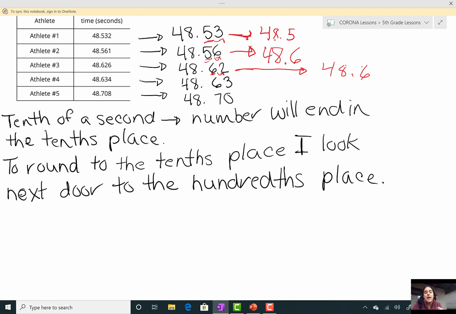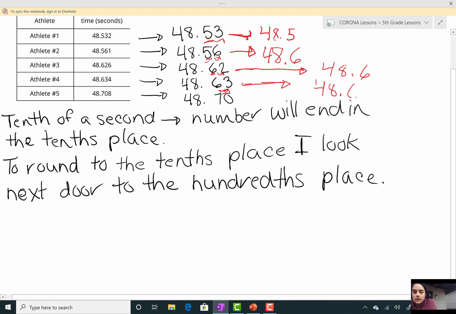Their time is 48 and 63/100. If I look at the tenths place, I see there's a 6 there. I look next door, there's a 3. Again, that 3 is smaller than 5, so it's going to round to 48 and 6/10.